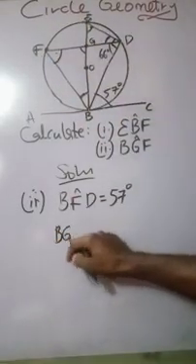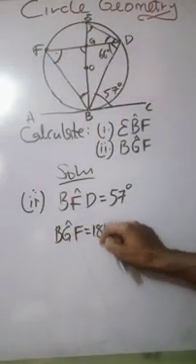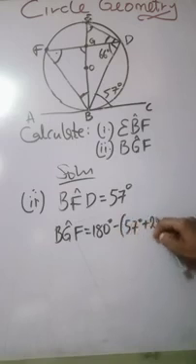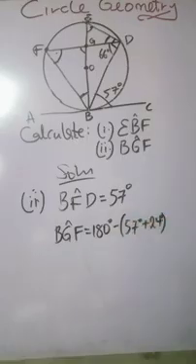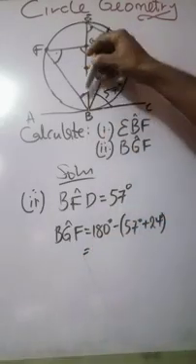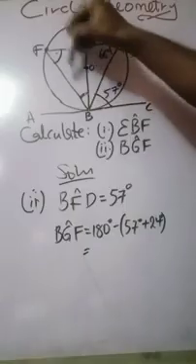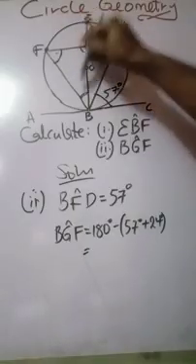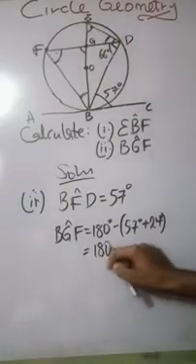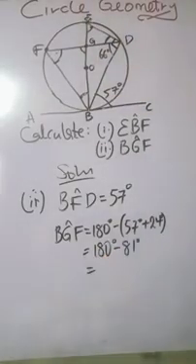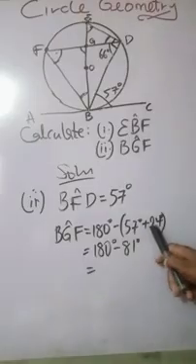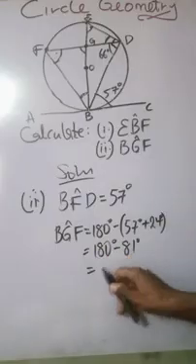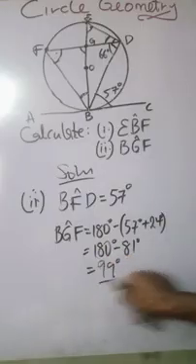Angle BGF is equal to 180 minus 57 plus 24 degrees. And the reason is the sum of angles in a triangle. You have a small triangle here. The sum of angles in a triangle is 180. So you have 180 minus, you have 57 plus 24 to be 81, and 180 minus 81 is 99 degrees.